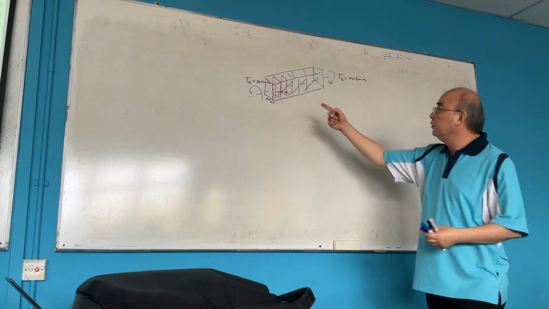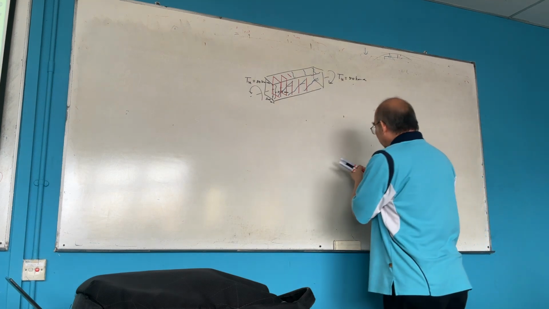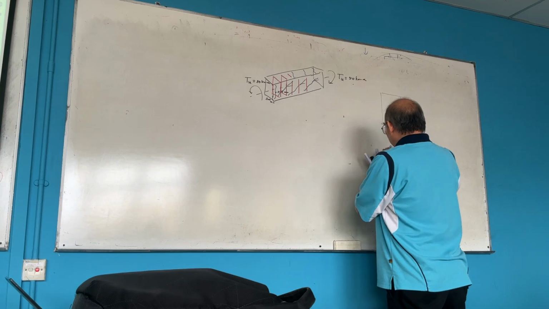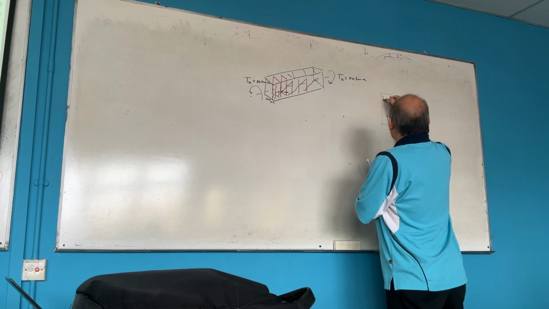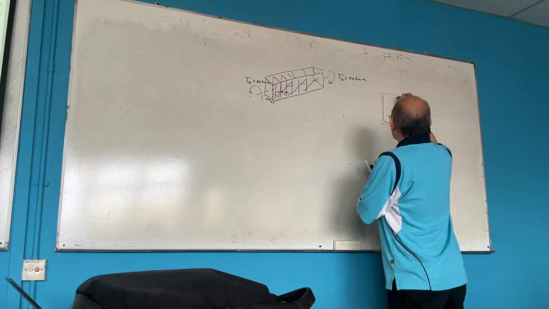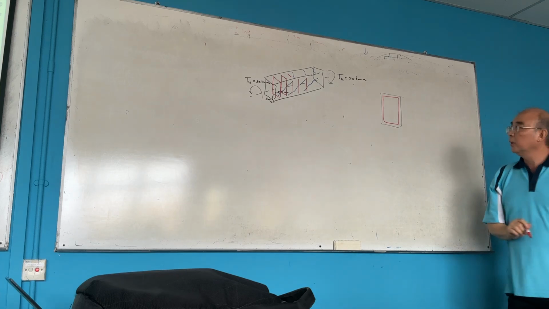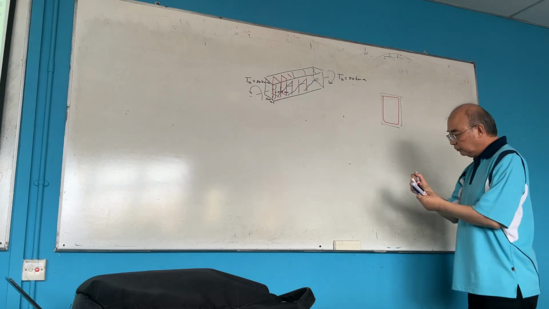So if you look at the cross section, first we have the torsional shear link. We have to provide this.